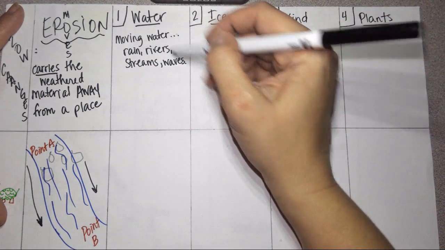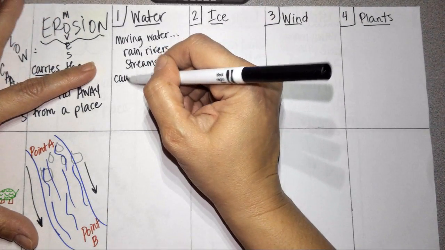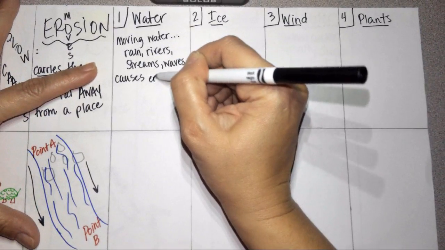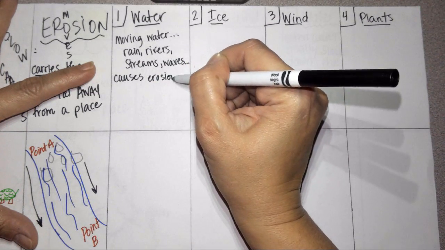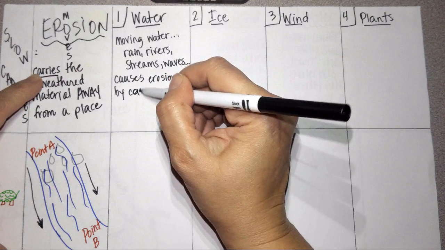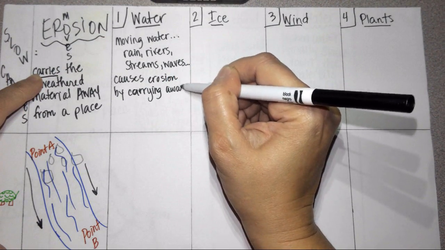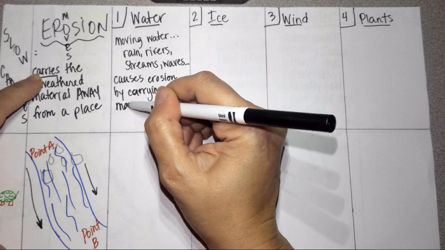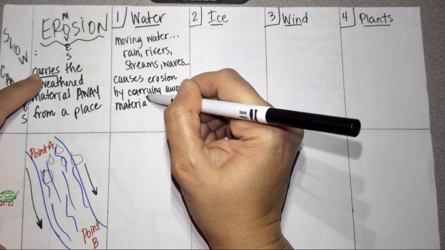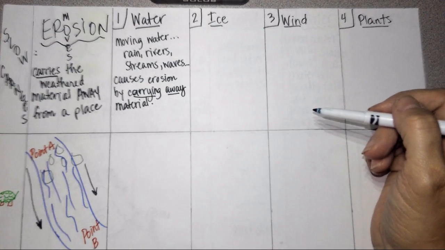So this moving water causes erosion by carrying away, so it's carrying away materials.